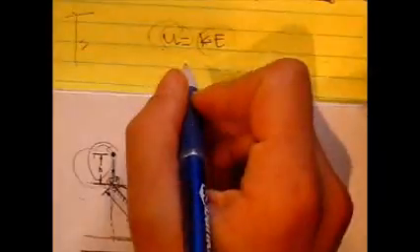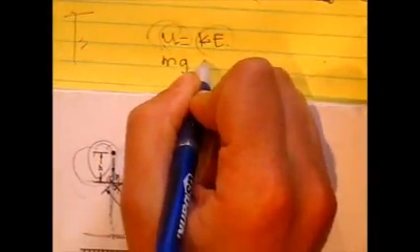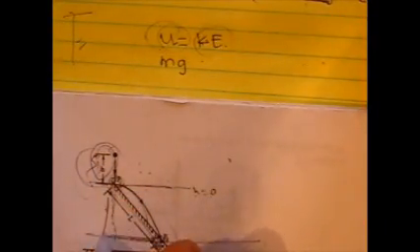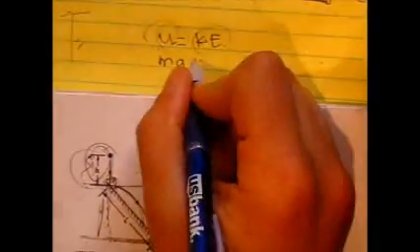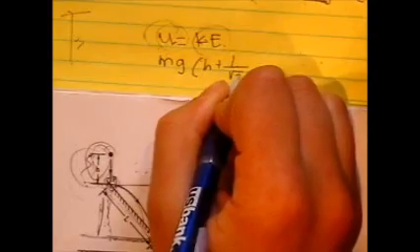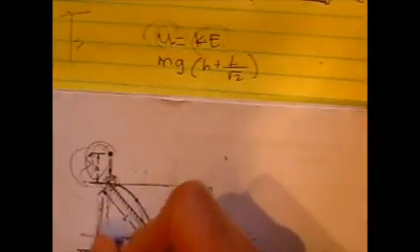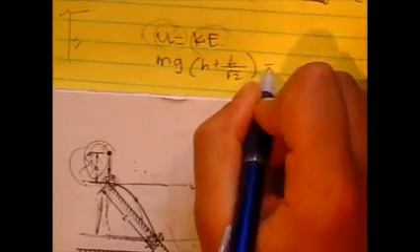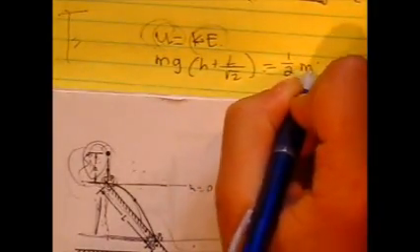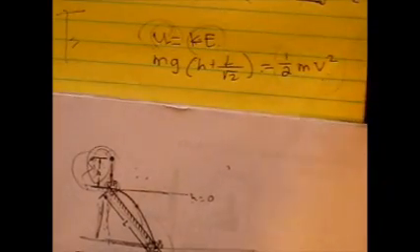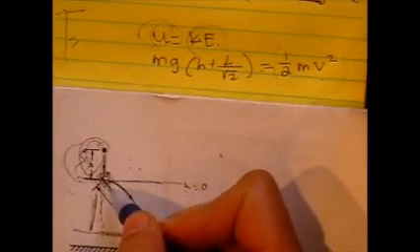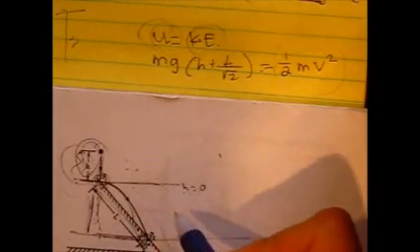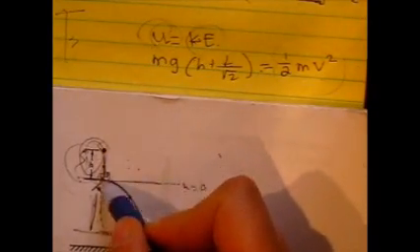So this is going to be mgh, but our height is not just h now. Our height is going to be h plus L over rad 2. We have to account for this height along with this height. That's going to equal our kinetic energy, which is 1/2 mv squared. And all you need to do is solve for v. It's just this easy because really all the ball does is, from here, it just bounces.